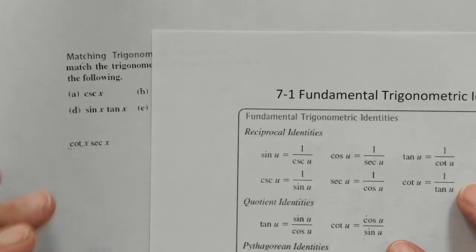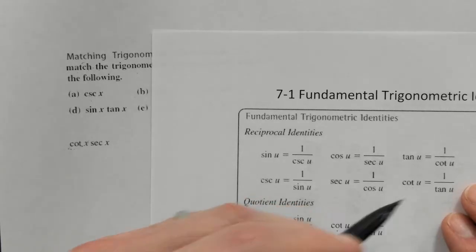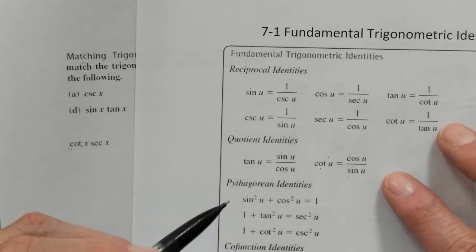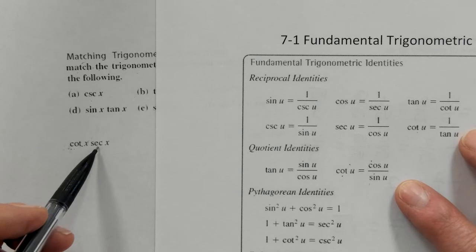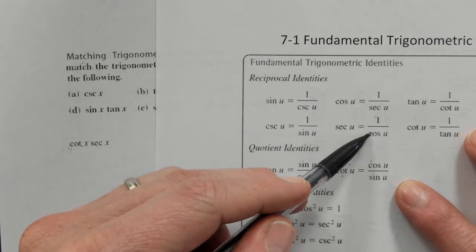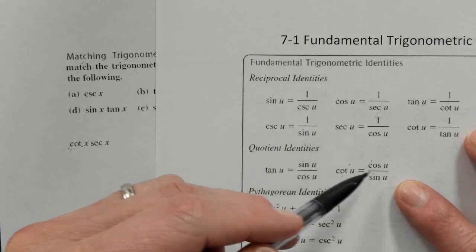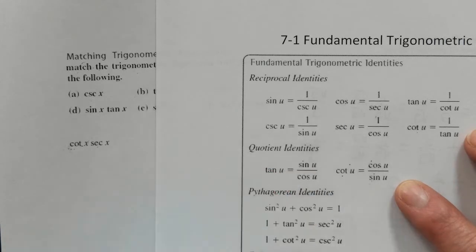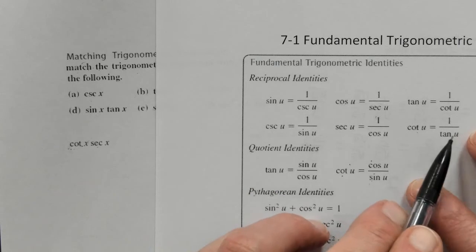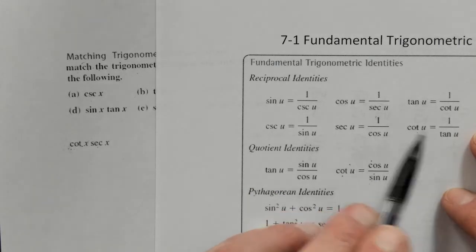I need to pick which one of these is going to be the best way to go, or I'm wasting my time. If I look at the other function that's there, secant, secant is 1 over cosine. If I change cotangent to this, then I can make the cosines cancel and simplify it. If I change it to the other, there's nothing that can be simplified.